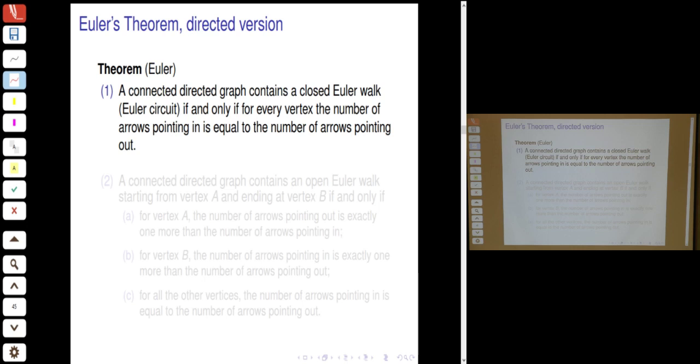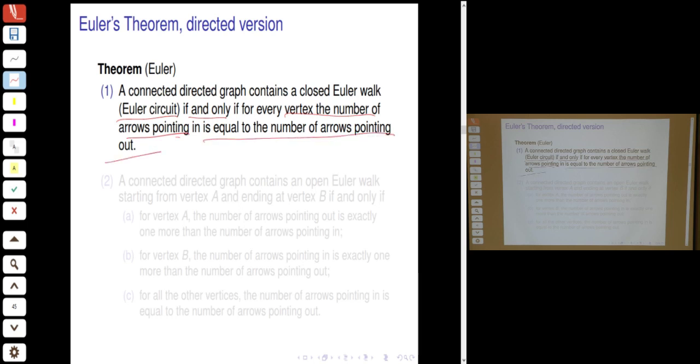So any walk must follow the directions of the arrows on the edges. So a connected directed graph contains a closed Euler walk or an Euler circuit if and only if for every vertex the number of arrows pointing in is equal to the number of arrows pointing out.